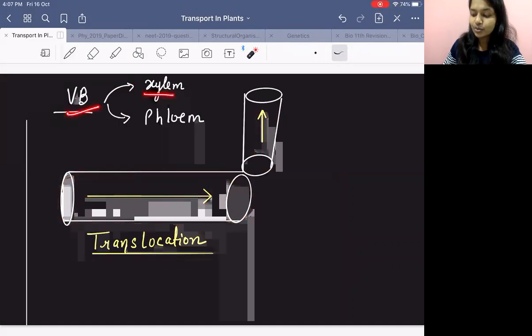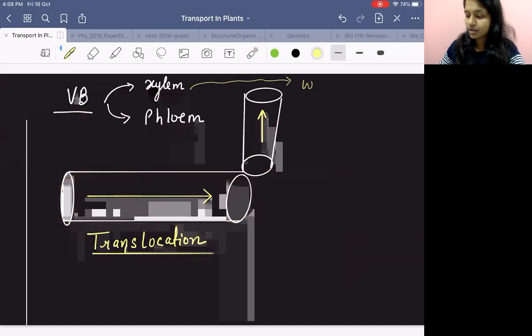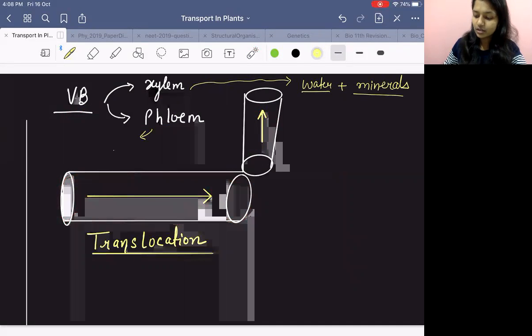Xylem and phloem are called the vascular bundle. You know that xylem will help in the transportation of water plus minerals. Phloem will help in the transportation of sucrose plus water.